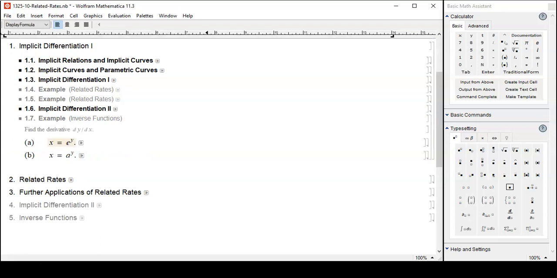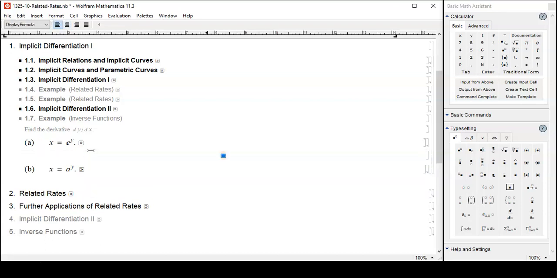Okay, here's an example. x is e to the y power, and let's calculate the derivative, dy over dx. The problem was given in terms of Leibniz notation, the German notation. So let's use German notation in this case. x is e to the y power, and let's calculate.